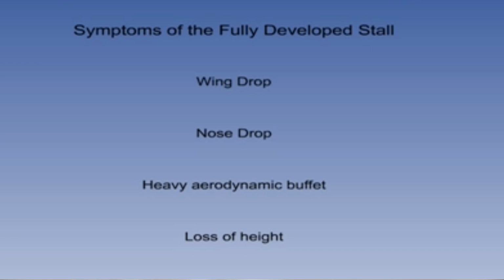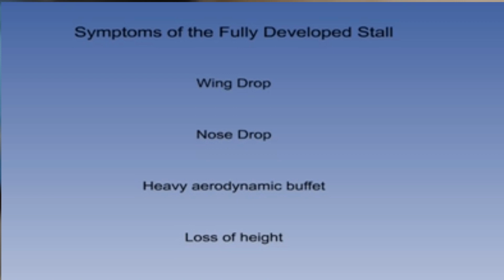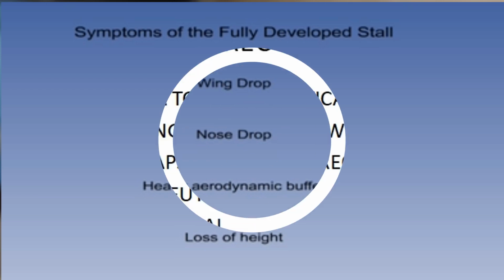Then nose drop: along with the wing drop, the nose of the aircraft also comes down. Then heavy aerodynamic buffet, whereas previously it was light. And loss of height: you will obviously lose altitude. These are some of the signs of a fully developed stall.